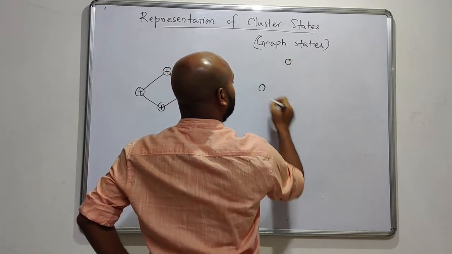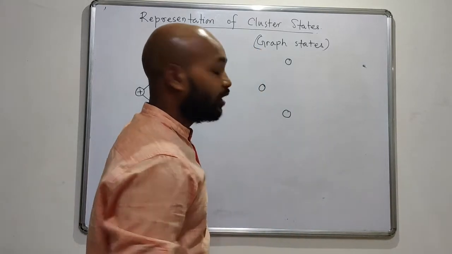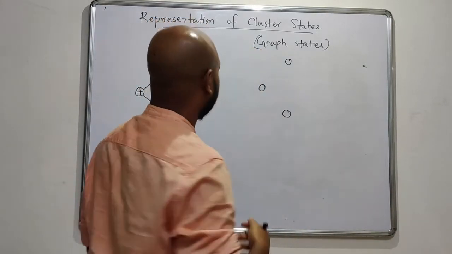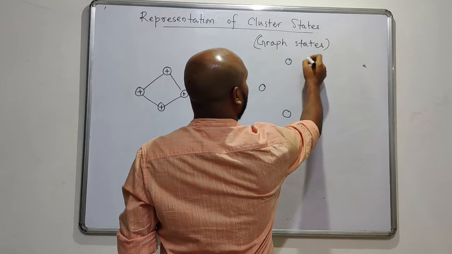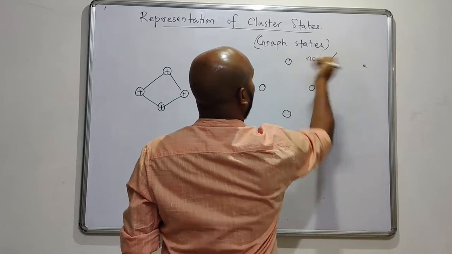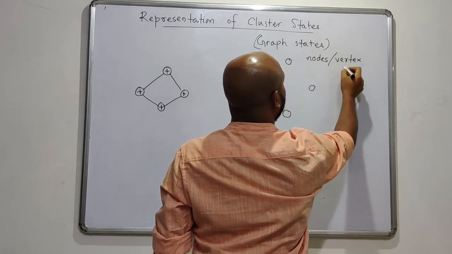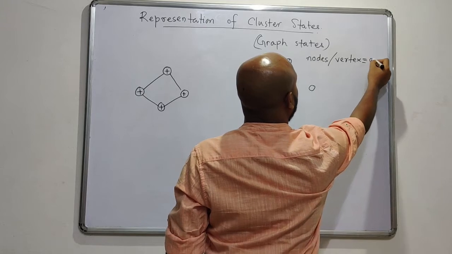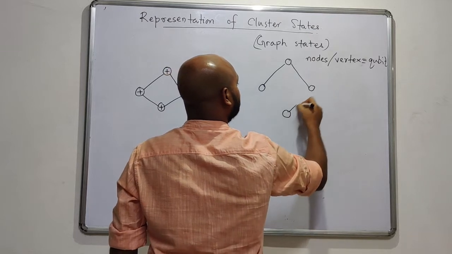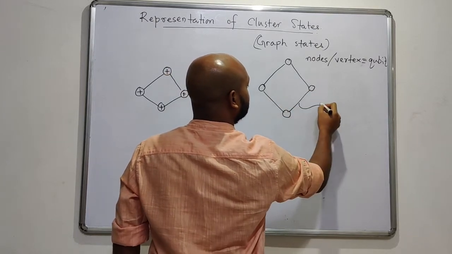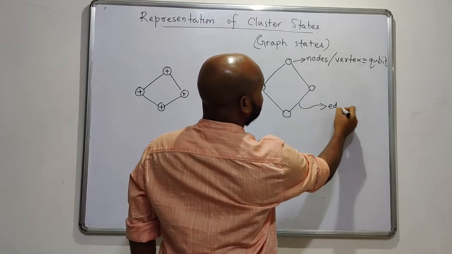states where circles or dots, mostly circles, denote your qubits. The circles, which are the nodes, or also called the vertex, denote the qubit, and the lines connecting them, these lines, denote the edges.